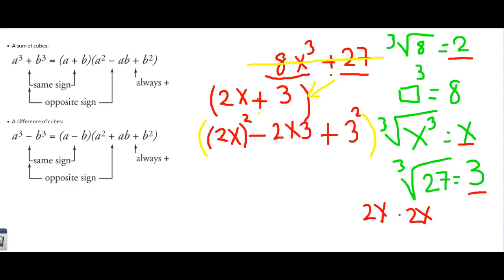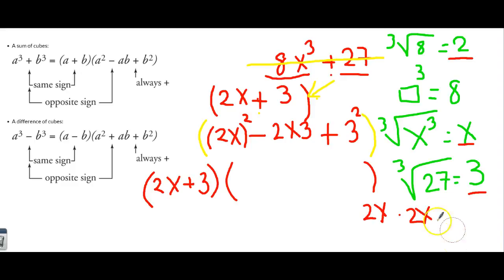Now, let's simplify one more time. So, the first parenthesis looks good. Nothing needs to be simplified. So it's basically 2x plus 3. My second parenthesis, now, 2x all squared.